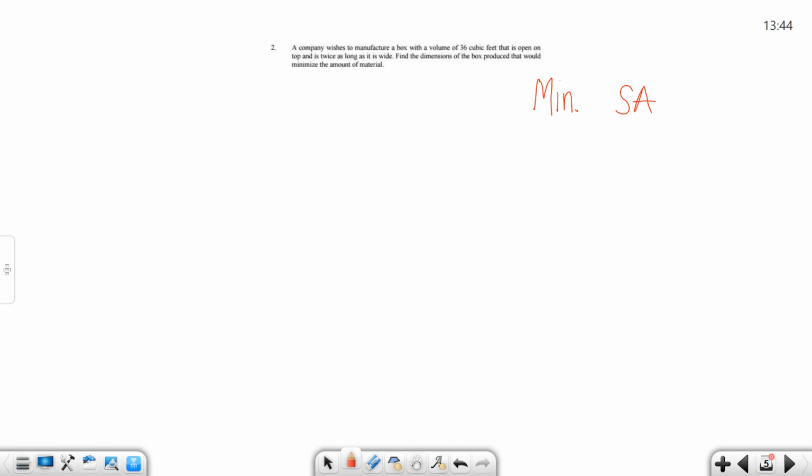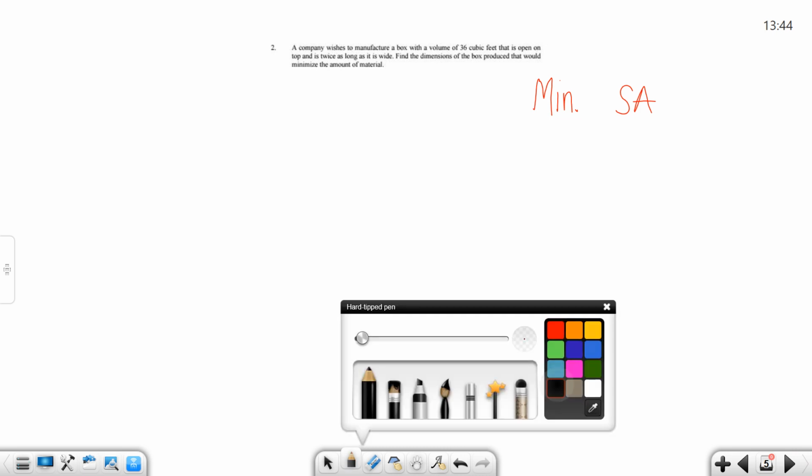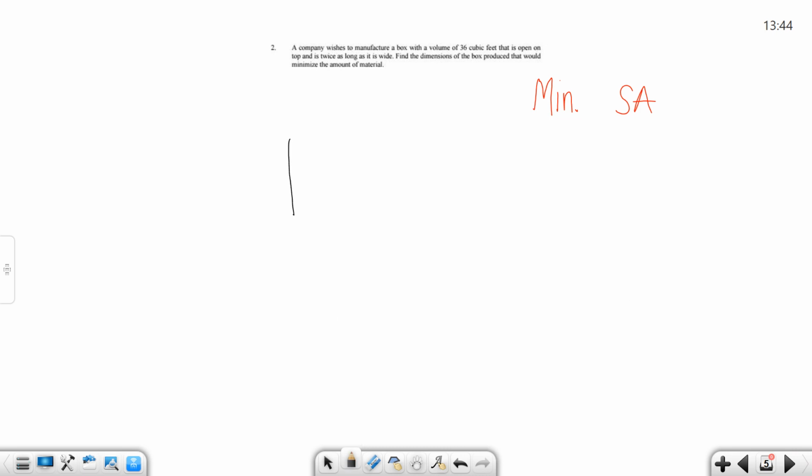Okay, now a box looks like this. Now let's see if I can change it up just a little, fix it for you. Drawing 3 dimensions, not really my best skill.